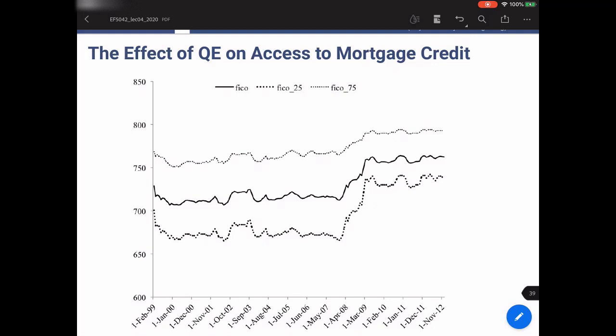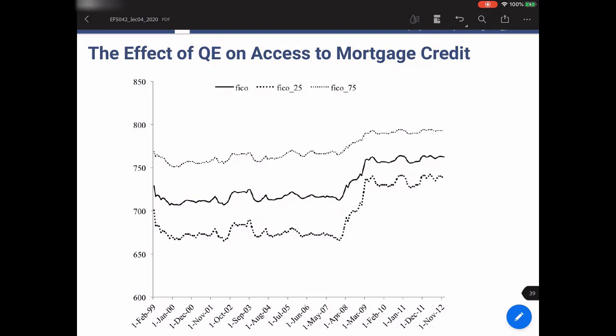The overall takeaway from the QE discussion here is that not necessarily. And I will provide you some data to show you that QE isn't necessarily beneficial from the household's perspective.